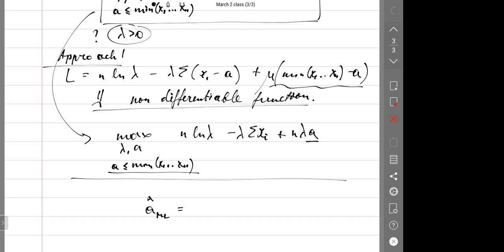So we have already found one point: the minimum of x1, x2, ..., xn. So bingo, we have done half of the problem. That's half of the problem.